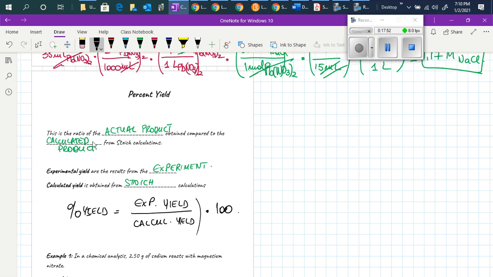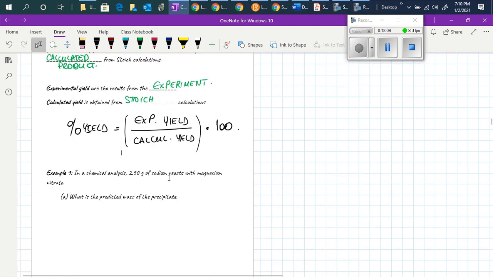Now this never exceeds 100%. In the ideal situation it is 100%, but it is always less than 100%, because every experiment takes into consideration some errors.